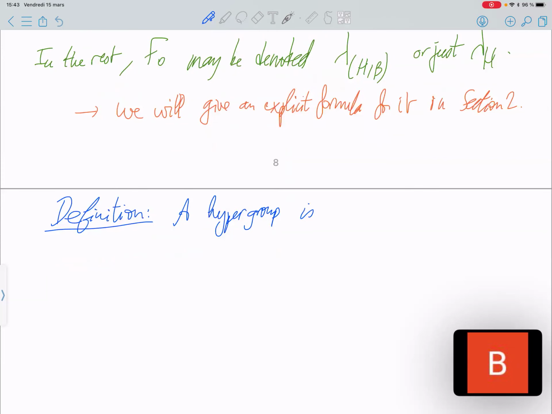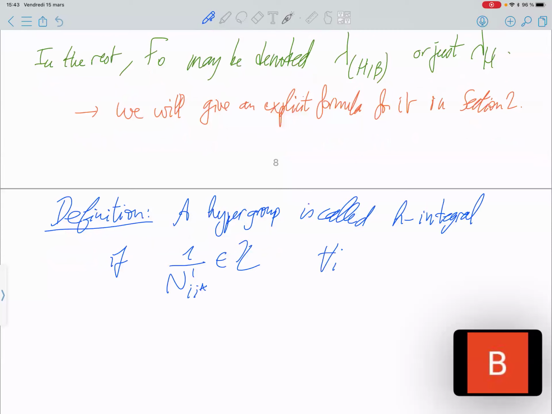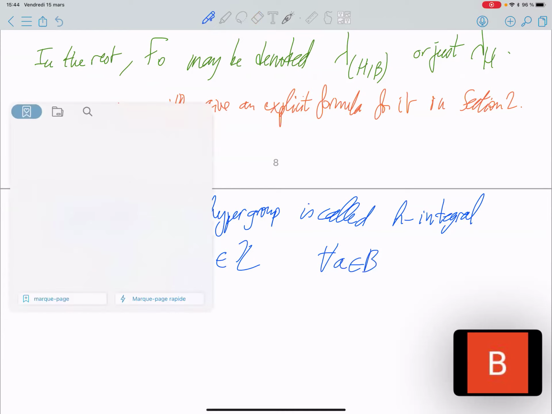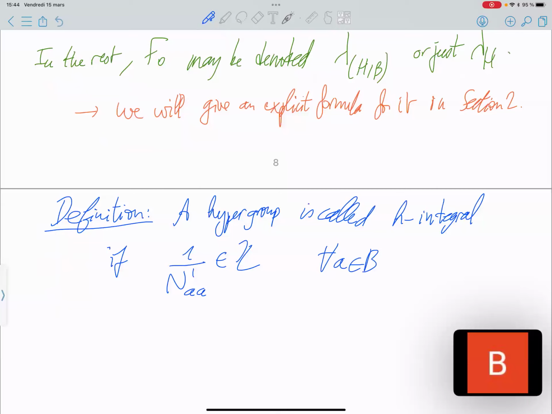So a hypergroup is called H integral if 1 over n, I star 1 is an integer for all I, or maybe we can just write A1 for all A in the basis, because this is the notation we use. So let me add that.